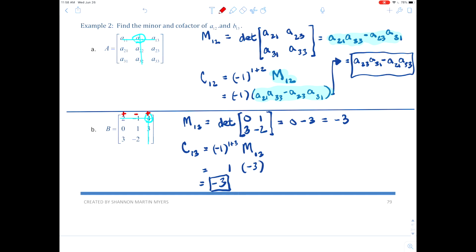So i plus j is even in entry B11. It's odd in entry B12. It's even again in entry B13. And so it alternates like this. And so all you need to do, this is a real quick way of figuring out what the sign on your minor is going to be.